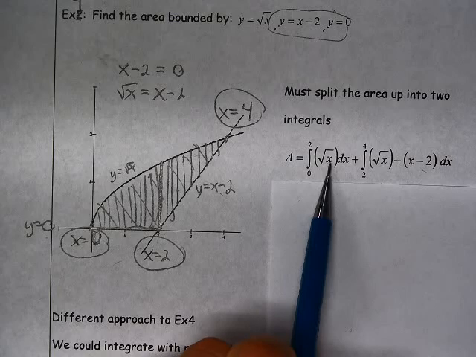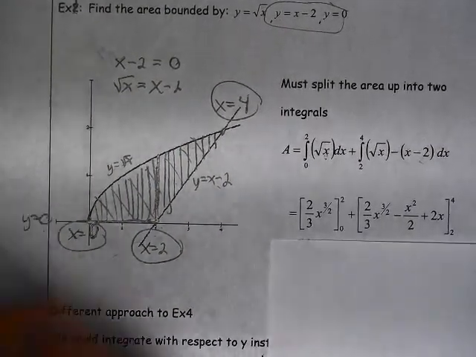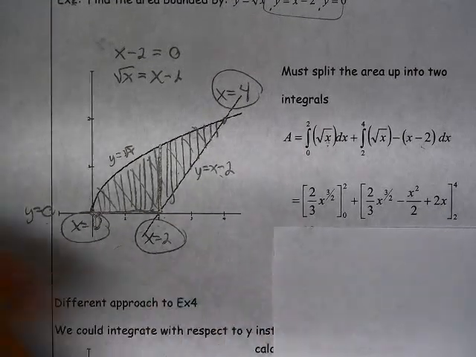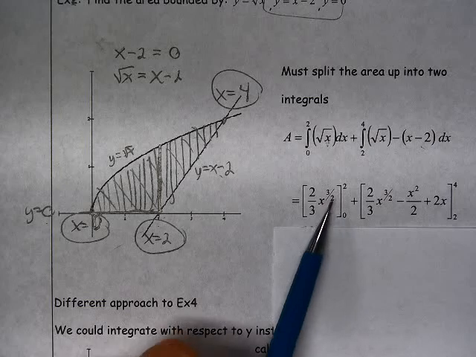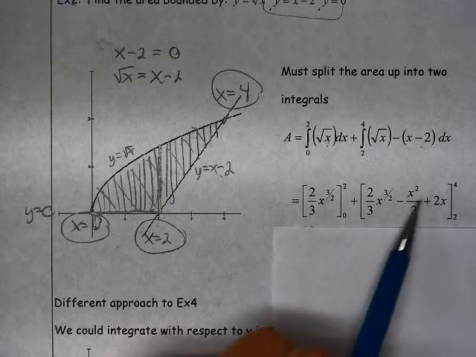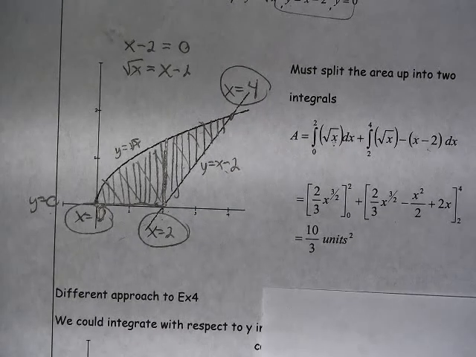Now, of course, this is x to the 1/2, so we're going to find the antiderivatives. Evaluate this function here at 2 and 0 and do the subtraction. Evaluate this function here at 4 and 2 and do the subtraction. And once you work through that arithmetic, you'll come out to 10/3 square units.